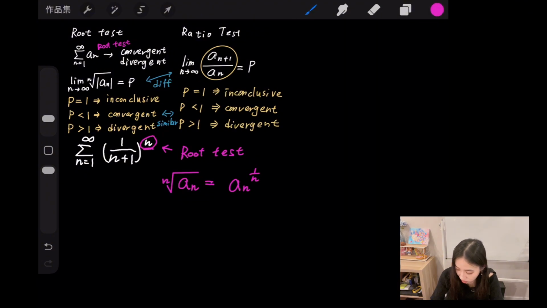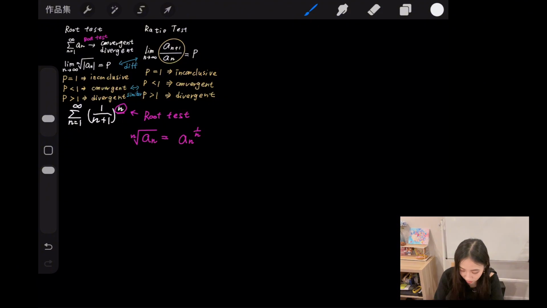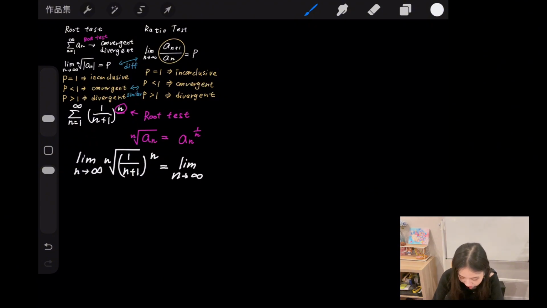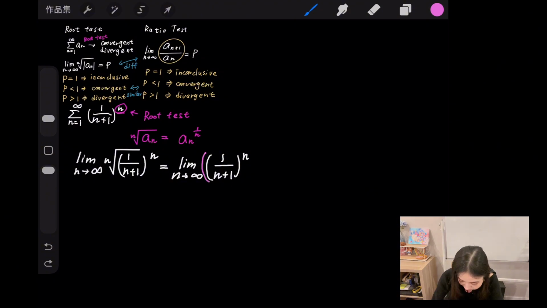So let's see it using the root test in this case. For the root test, the limit as n approaches infinity of the nth root of 1 over n plus 1 to the power of n will be the limit as n approaches infinity of 1 over n plus 1 to the power of n, and we write the root as to the power of 1 over n.